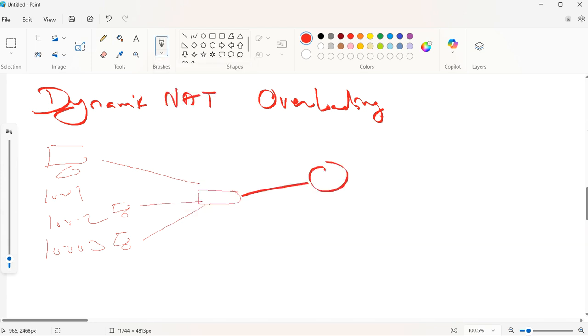Now we are connected to a router, and we say dynamic NAT overloading. You know what that means? I'm going to give you one address, let's say 20.0.0.25. Use only this address for everyone.